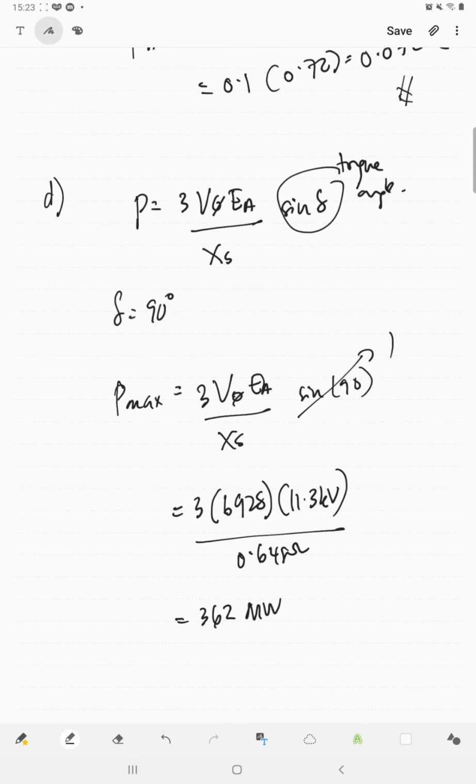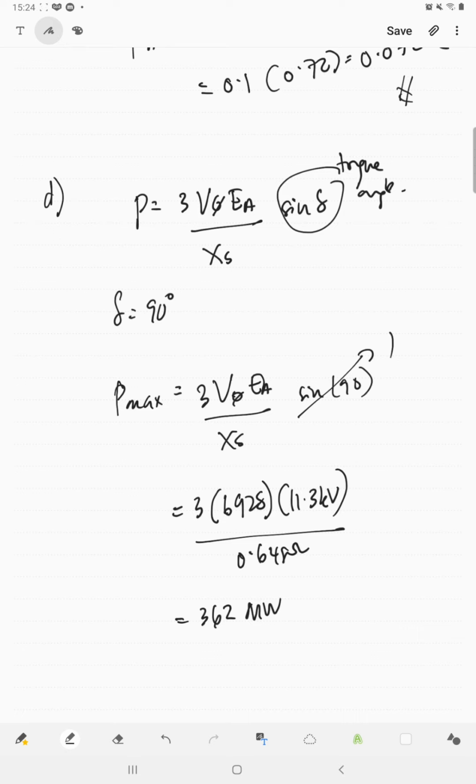We typically ignore the armature resistance because it's very small and will not affect this computation much. The maximum power is obtained when the torque angle between the rotor and the net magnetic field is 90 degrees, or perpendicular.